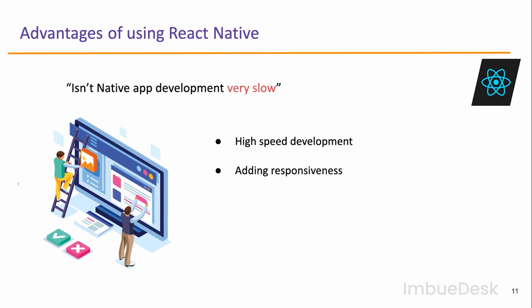Of course with React you can add responsiveness to your applications, and you can make your applications more responsive in a way where it gives a better user interface and drives that niceness that we all love in our mobile applications, right? With React Native, you can do all of these easily. So if you're wondering whether React Native app development is slow, the answer is no. In the next video, let's talk about the difference between React and React Native.